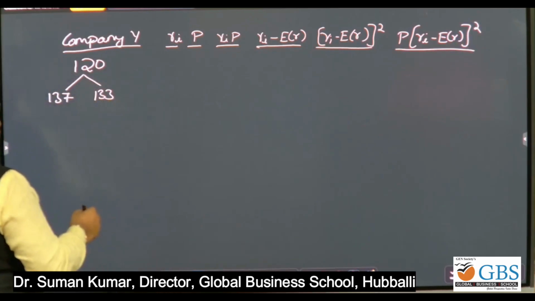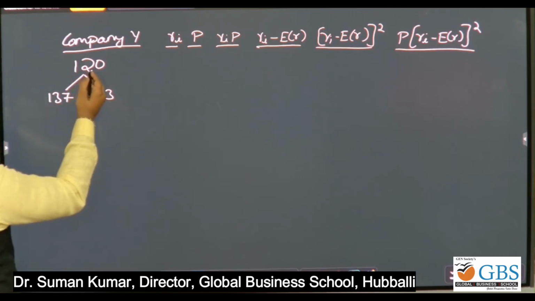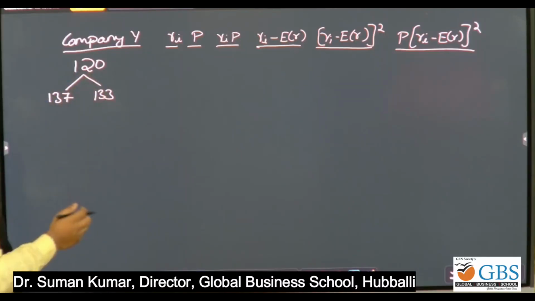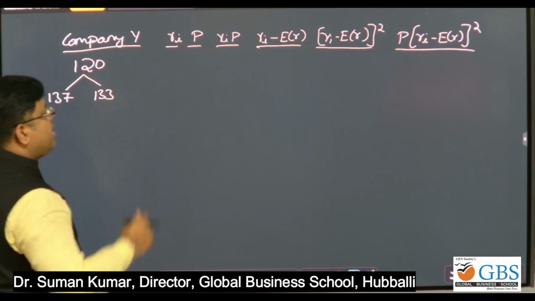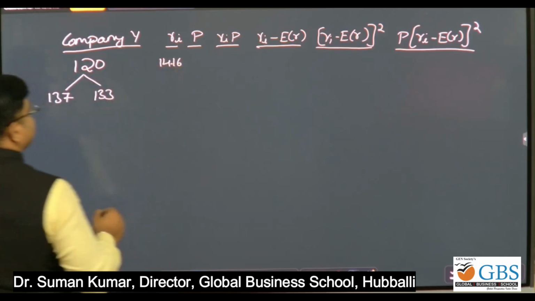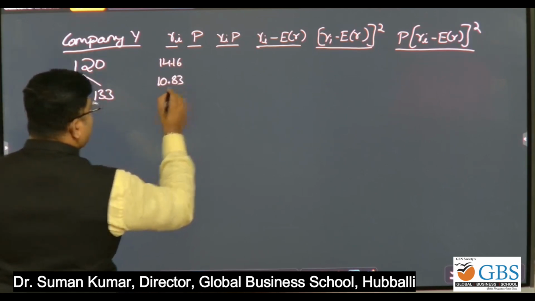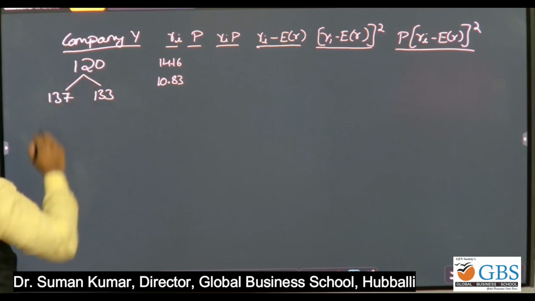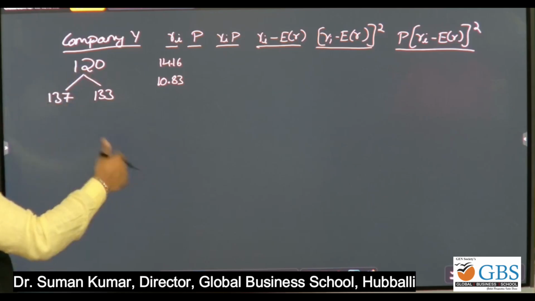So 120, that is 137. The difference is 17. 17 divided by 120 into 100 gives 14.16. And 10.83. How we got this? Simple. 133 minus 120, that is 13. 13 divided by 120 into 100.